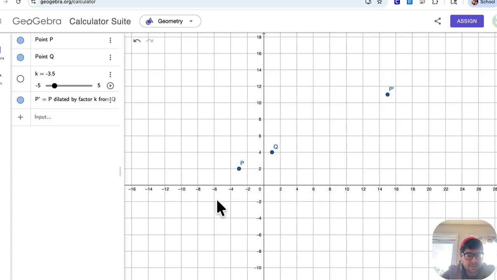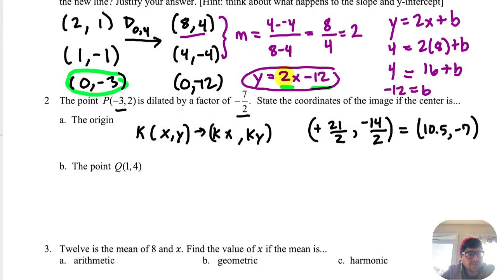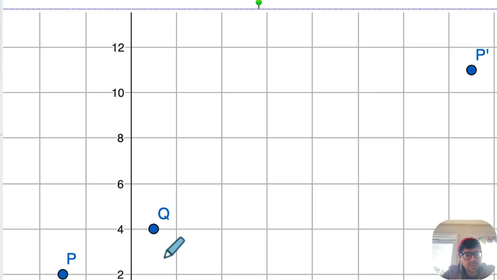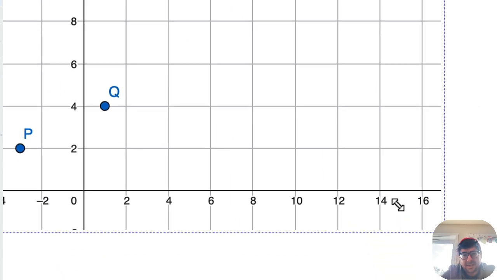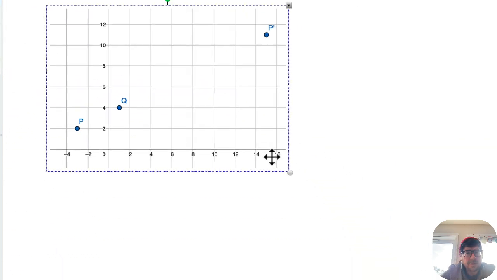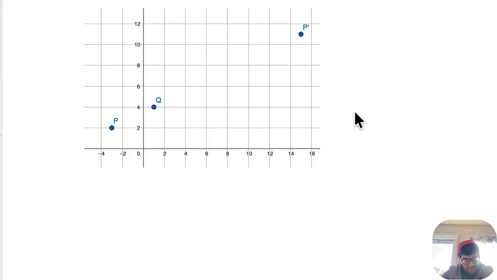Take a little screenshot. Go back here. I think I'll use a new page. Wow, that's a lot bigger of an image than I need. So we'll reduce that in size. So this algorithm's cool because it uses slope and movement on a graph, right? So it would say here Q, which is (1, 4), and P, which is (-3, 2).